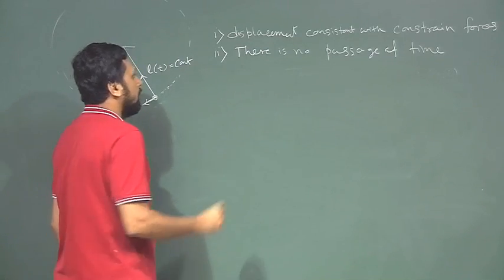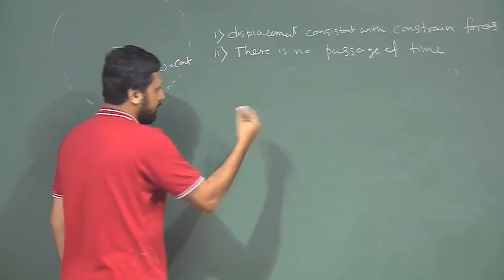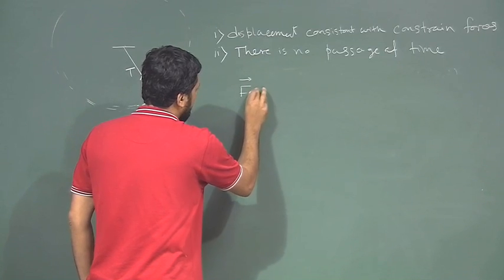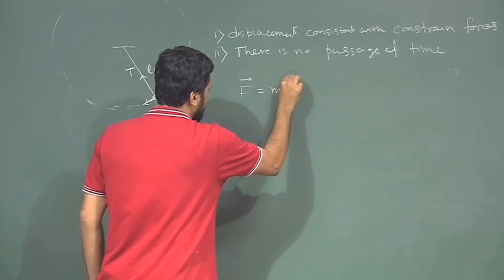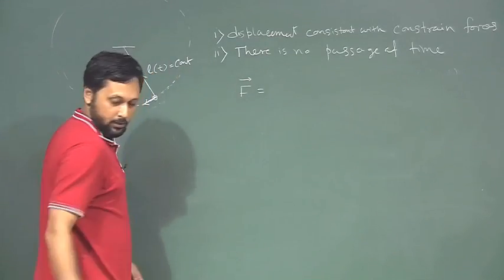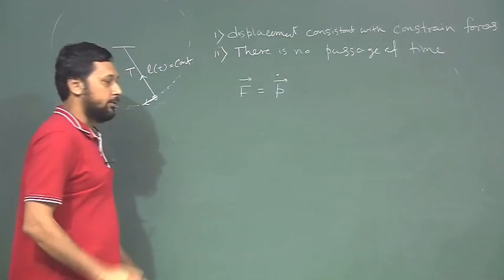Okay. So, you see, we first started the previous lecture by writing this equation F is equal to m r double dot, or rather we should not write m r double dot. In general, we should write p dot, right.